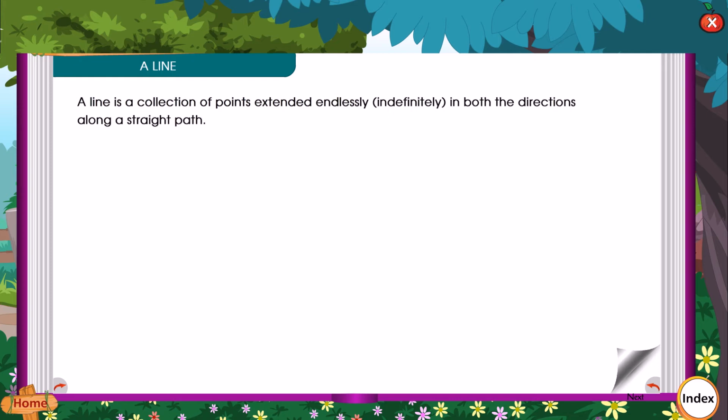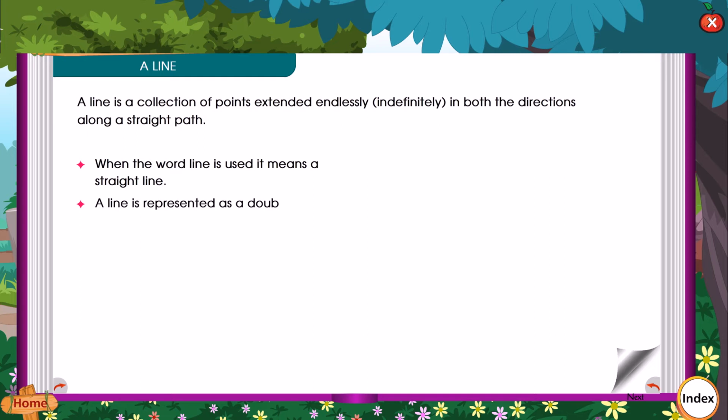A line. A line is a collection of points extended endlessly, indefinitely in both the directions along a straight path. When the word line is used, it means a straight line. A line is represented as a double arrow showing that it can be extended without limit in both the directions.